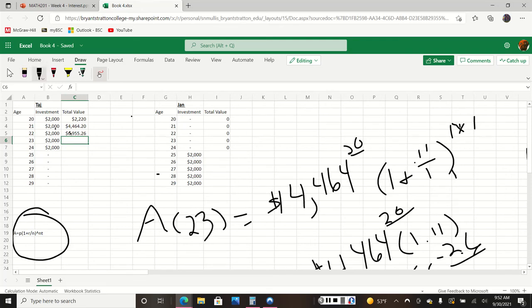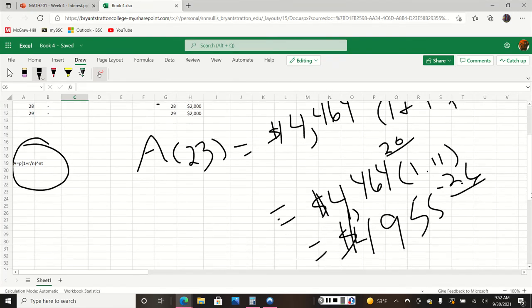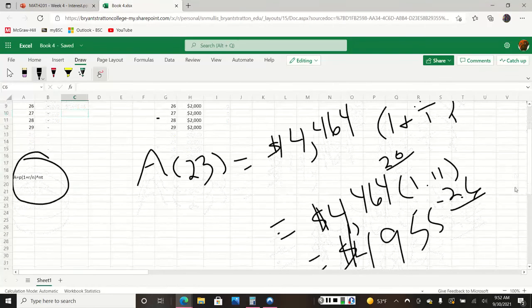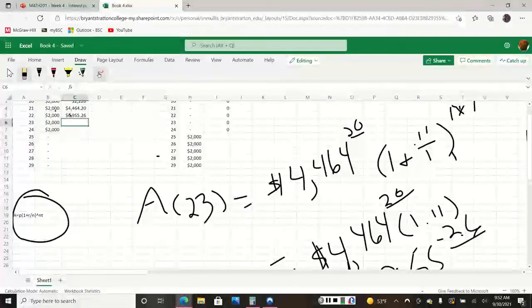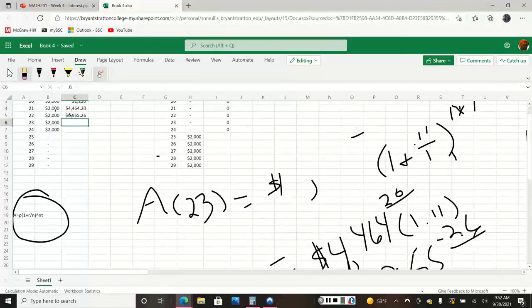Yeah, so I used the wrong number. So we just completed age 22. Now we're moving on to age 23. So again, the only number that is going to change is this 4,000 number. So we're going to get rid of that. These numbers right here, the 1 plus 0.11 over 1, 1 times 1, that'll stay the same.